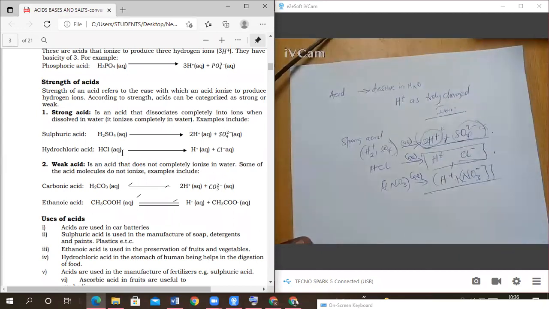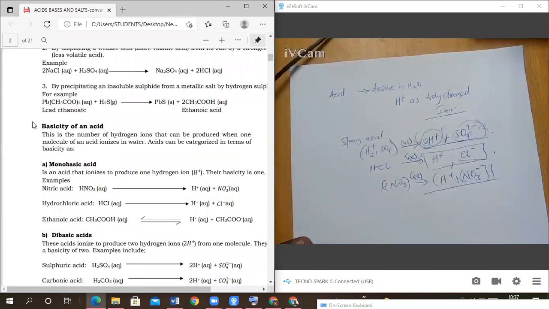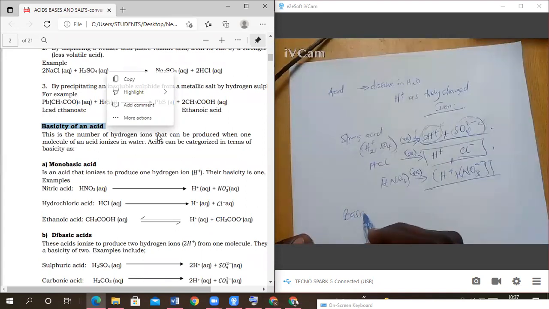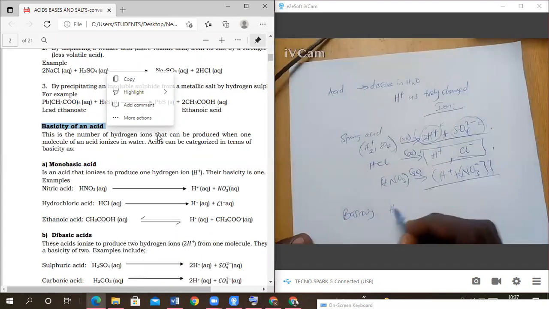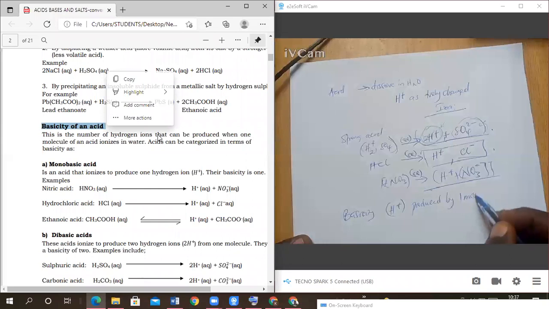Now, the number of hydrogen ions produced by the acid gives us the definition of the basicity of an acid. Basicity is the number of hydrogen ions produced by 1 mole of an acid.